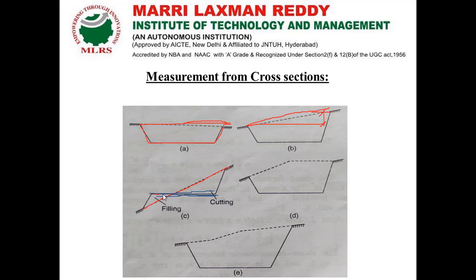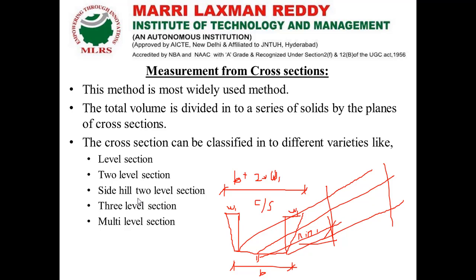If I'm going to make the road, up to this portion I have to cut the earth, and whatever earth I have dug from here is dumped into this place, so that filling has taken place here. So this is the quantity, and the levels are different here as well as here, this is one part and this is another part, so that's why it is called a two level section at the hill.